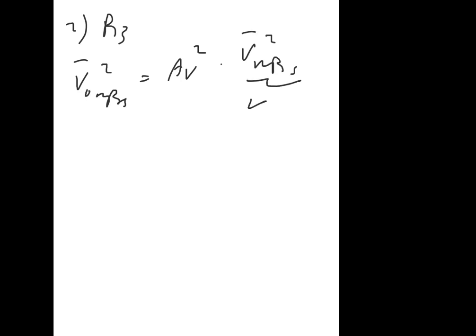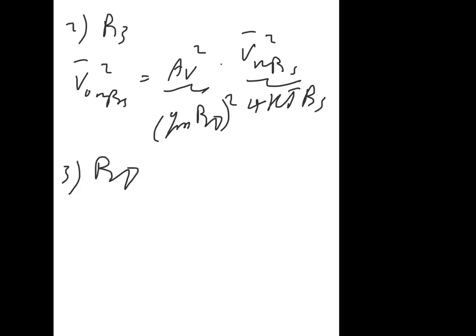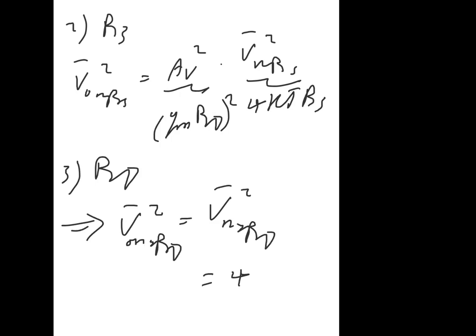This is giving us 4KTRS, and this is giving GM times R of D squared. Now the third noise is coming from the RD. It is V output noise RD squared. It is V noise RD, the same as it is, and it's giving 4KT R of D.